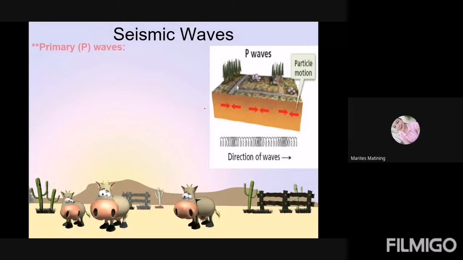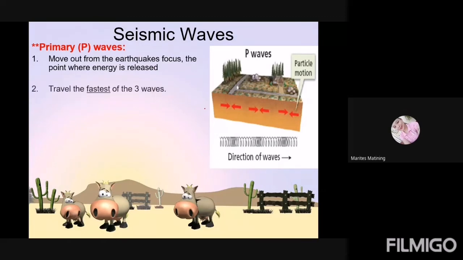Okay, so P waves. Ito yung mga kailangan nating tandaan about kay P waves. So it moves out from the Earth's focus, the point where energy is released. So take note of that. Lagi namang nag-start sa focus. Then it will move away from the focus na. Ayan. So if you look at the picture, yun, direction of the waves.